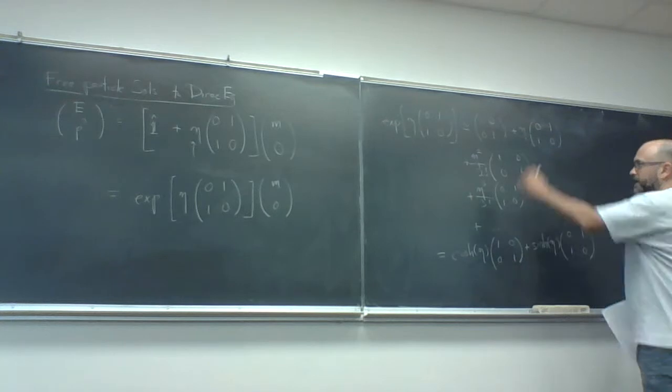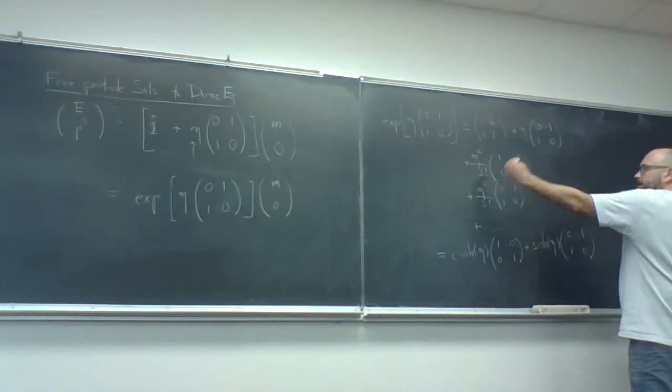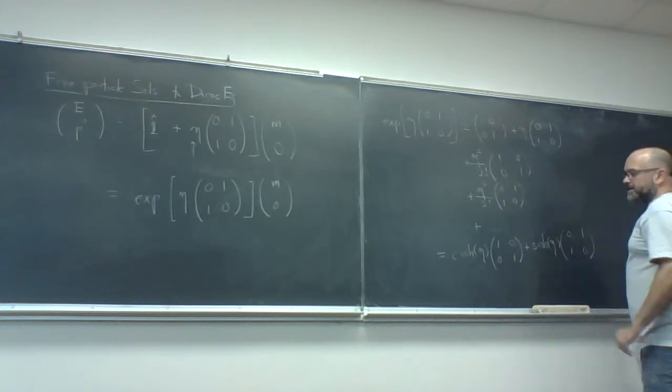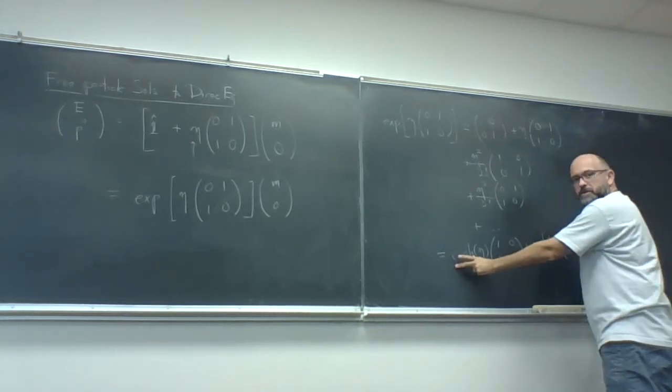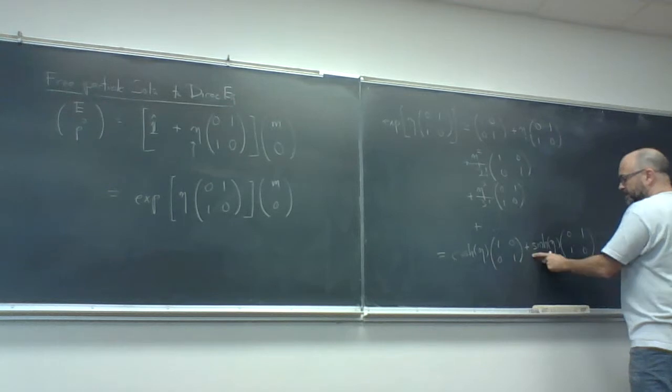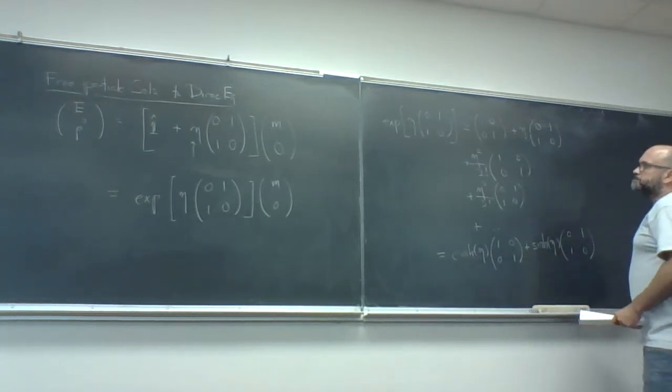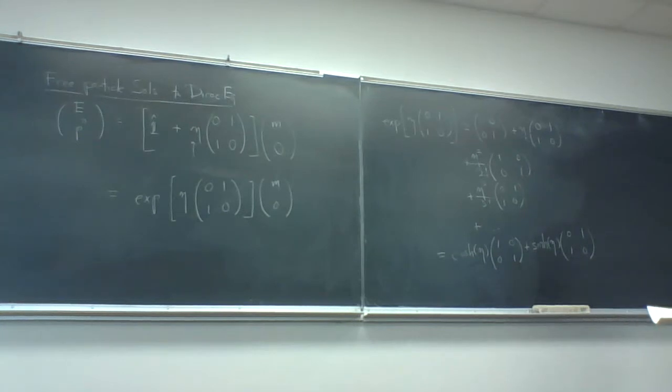Okay, so if I Taylor expand this out and group the matrices together, I see that the coefficients can be resummed. And when they resum, I get cosh and sinh.